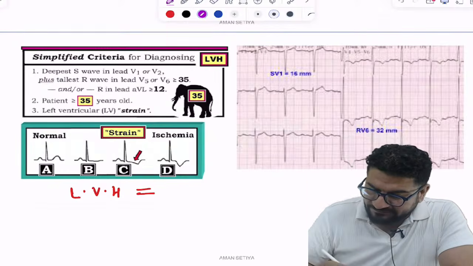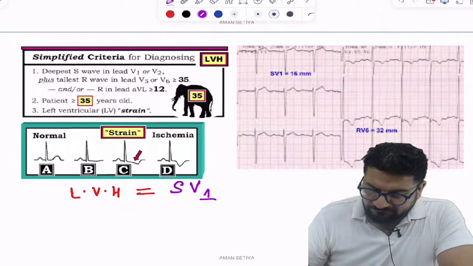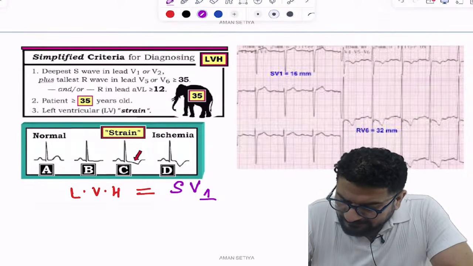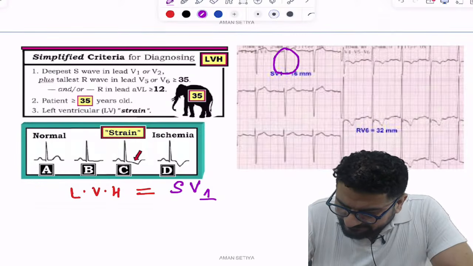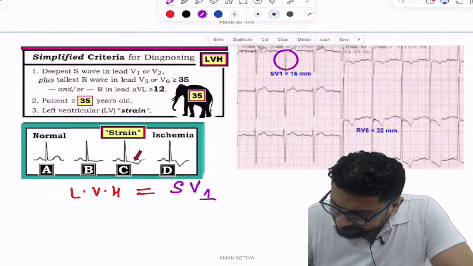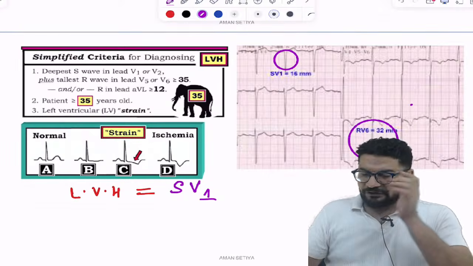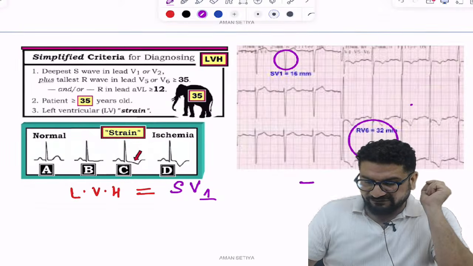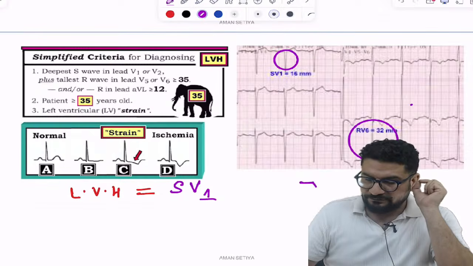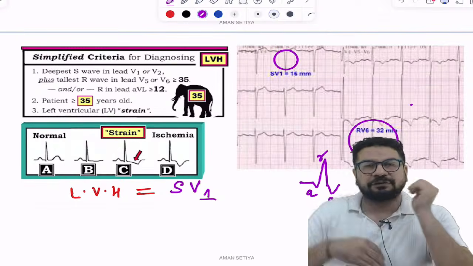So how do we calculate? It is called SV1, meaning the S length in V1, and RV6, so the length of R. Now see, what is QRS? You can see the negative wave before R is Q. Then you can see the positive wave is R, and after that one more negative wave is S. So this is Q, R, S. So S is going down.